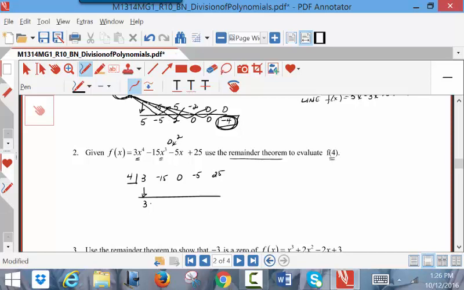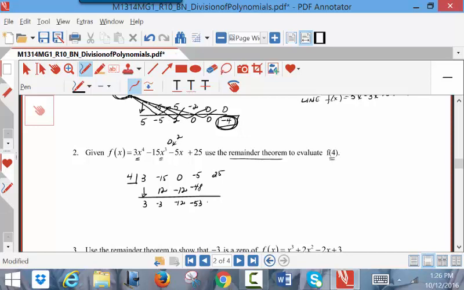Process, multiply, add. Multiply, add, multiply, add. Okay, multiply. 4 times 3 is 12. Add negative 3. Multiply. 4 times negative 3 is negative 12. Add negative 12. Multiply. 4 times negative 12 is a negative 48. Add negative 5 plus negative 48 is a negative 53.